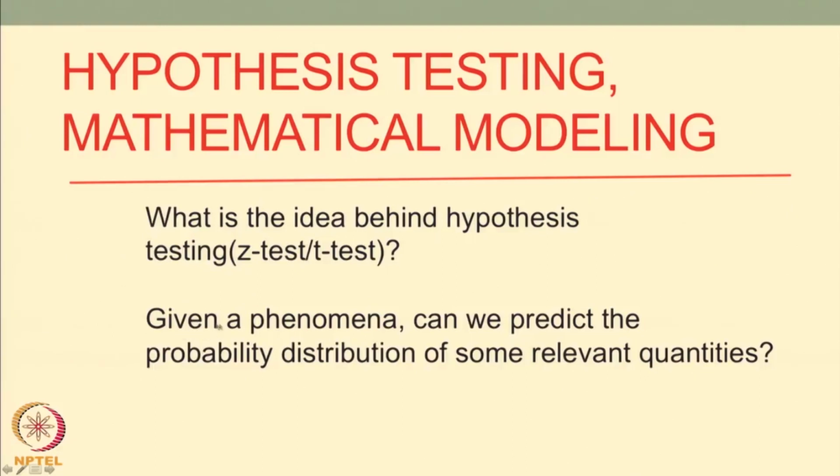And in the second part, we would discuss, given a phenomenon, can we predict the probability distribution of some relevant quantities, because we are always computing things from probability distributions. How do we know what the probability distribution is given a phenomenon? So, these are the things that we would try to answer.